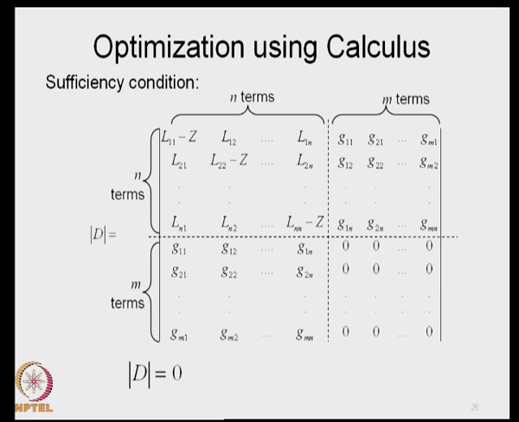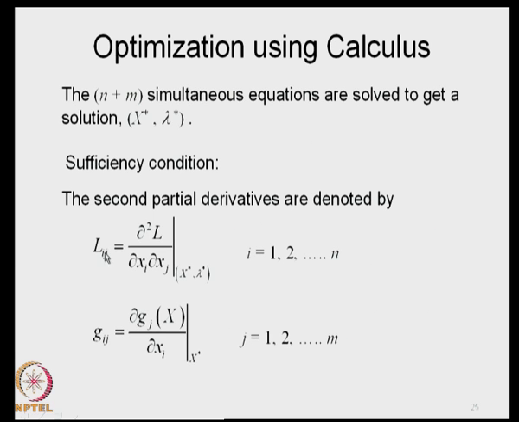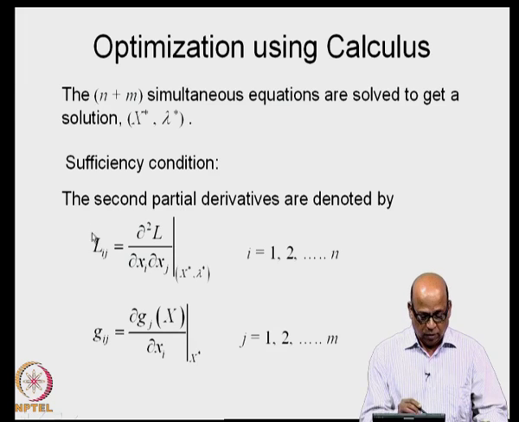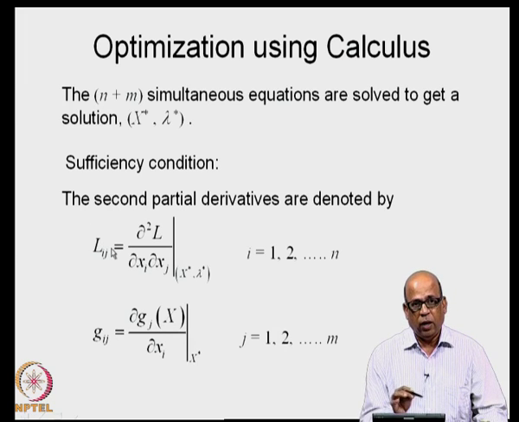Just for clarity, I will again explain how this determinant is formed. We have L_ij, d squared L by dx_i dx_j. We know the function L. Take the second order derivative with respect to variables x_i and x_j, that defines L_ij. For example, L_21 will be the second order derivative of L with respect to dx_2 dx_1.